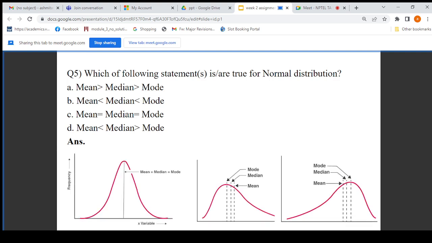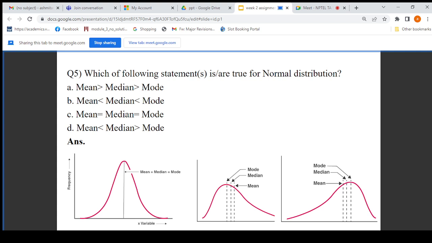Okay. So in this case, what is the normal distribution in these three pictures? First one is A, second one is B, and third one is C. Ma'am, please repeat the question, madam.